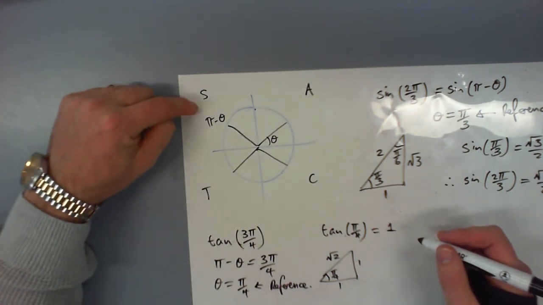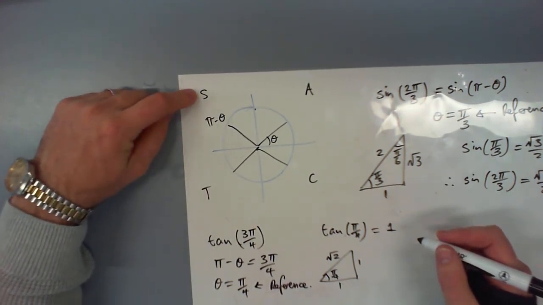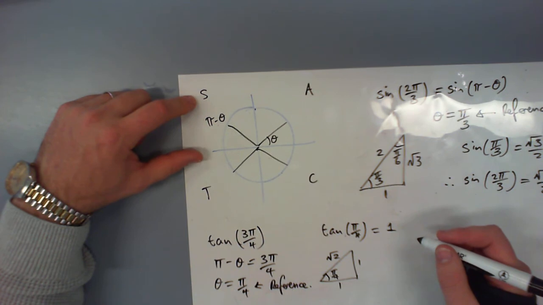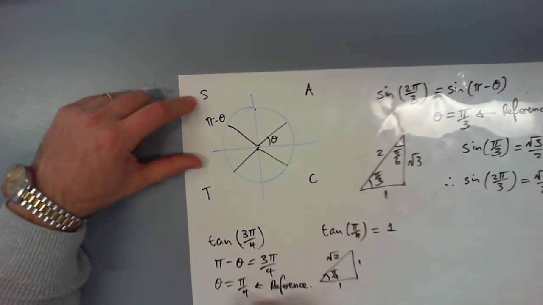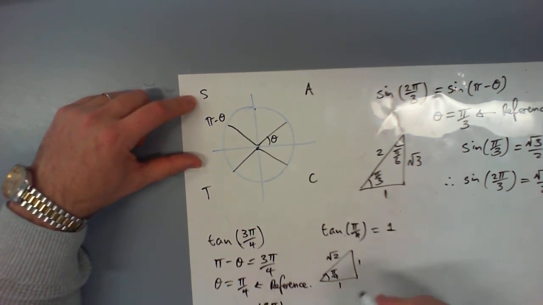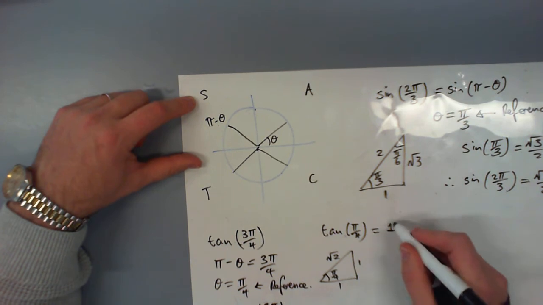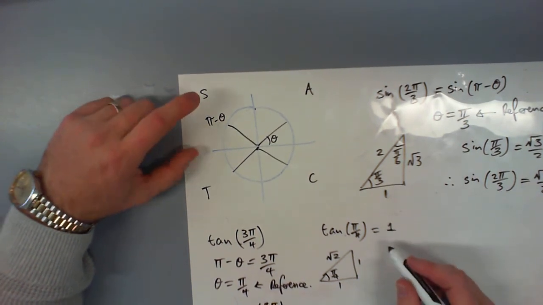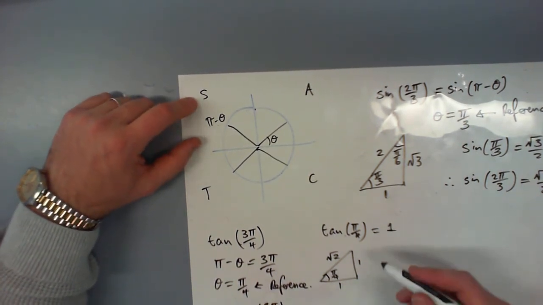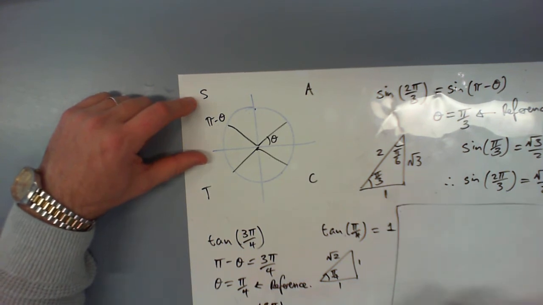When we look at quadrant 2, sine's the only one that's positive. So we know, therefore, that tan of 3 pi on 4 is going to equal negative 1. Because it's going to have this value of 1 that we found, but because we're in the second quadrant, it's going to be negative. Okay, we'll do one more.